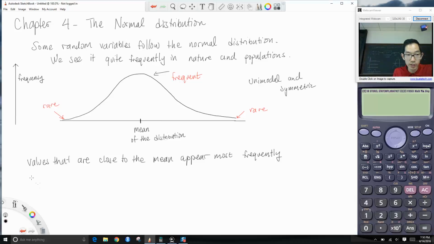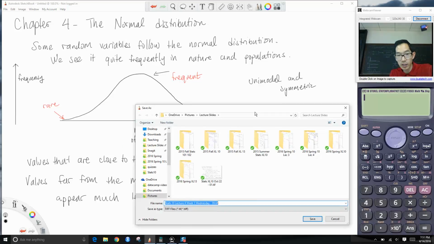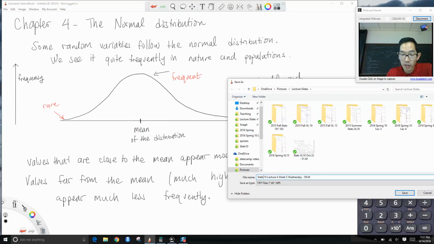Values far from the mean, meaning much higher or much lower than the mean, appear much less frequently. And so we have a lot of things in nature that kind of follow the normal distribution.